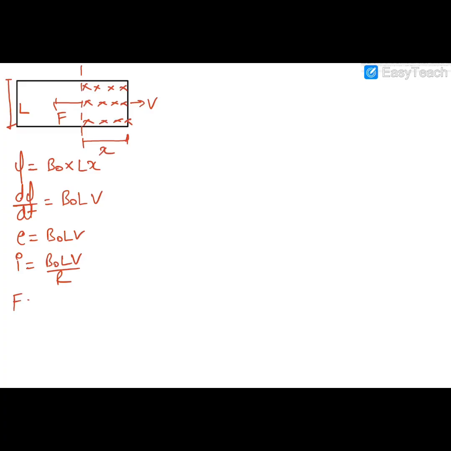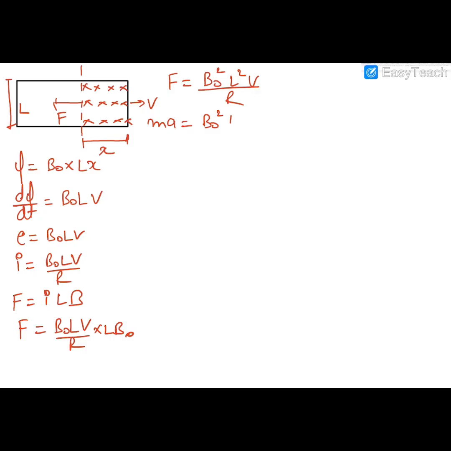So F will be equal to I L B. So F will be I is B naught L v by R, and this is L B. So F will be equal to B naught square L square v by R, and F will be equal to m a, mass into acceleration.